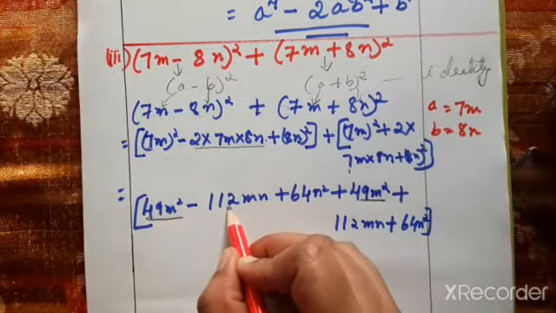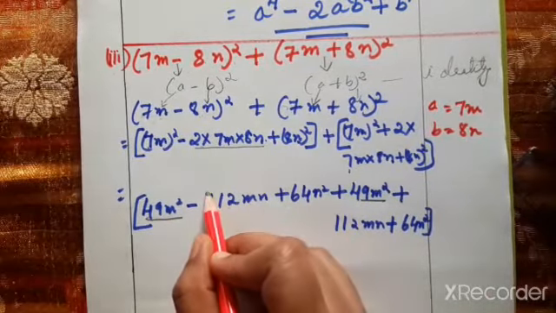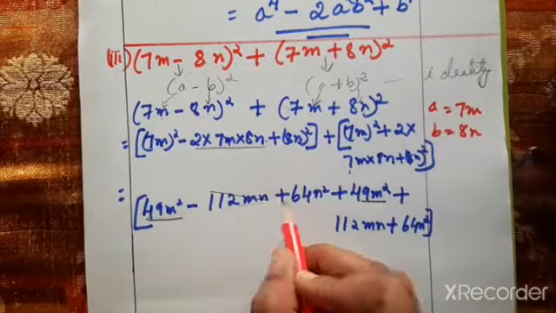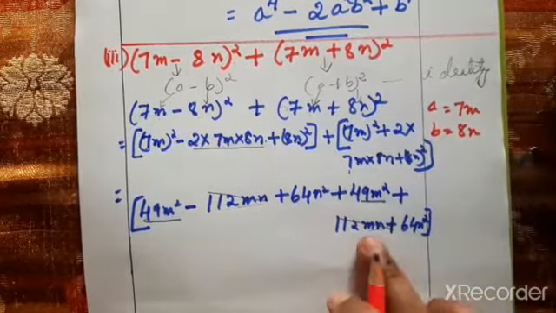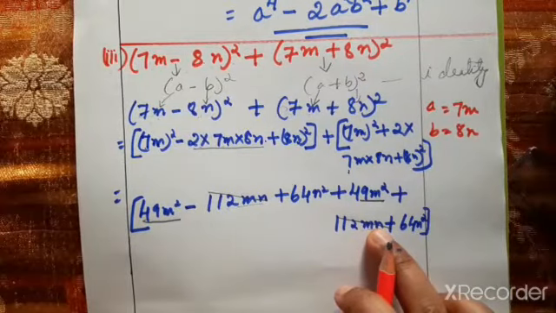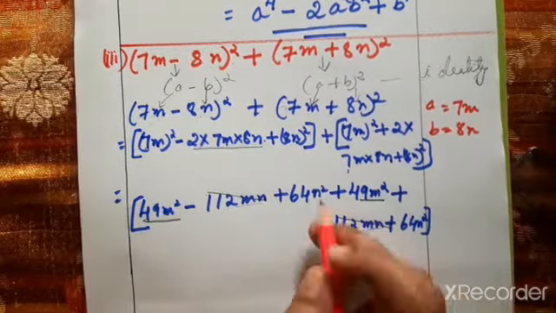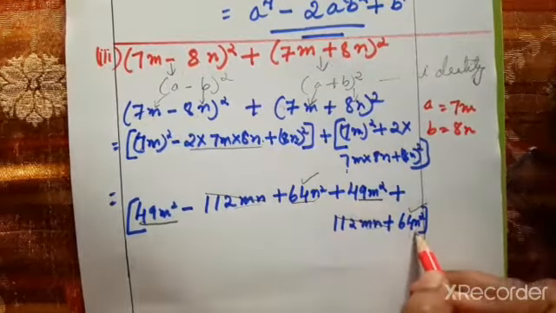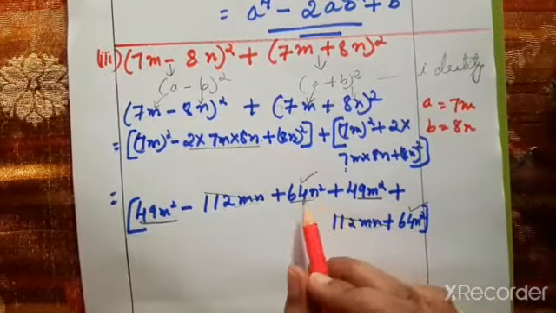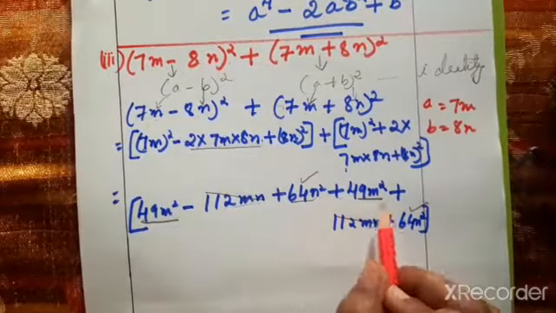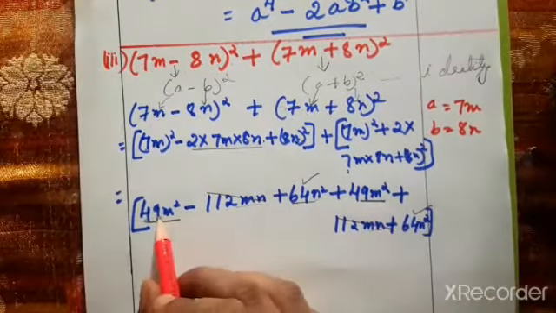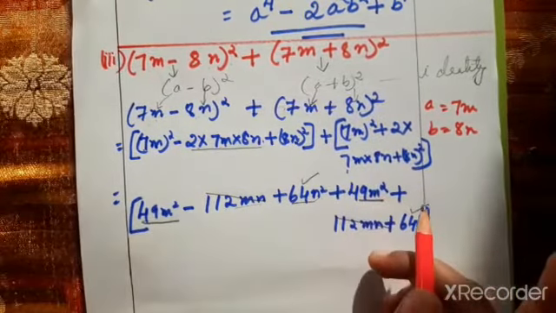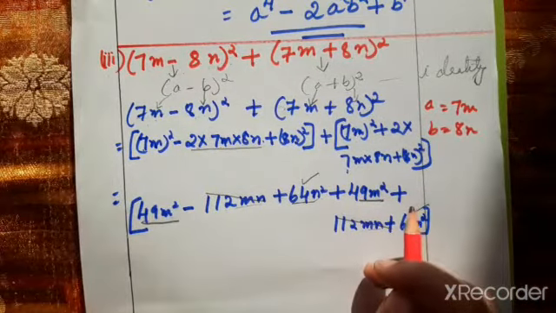Minus 112mn and plus 112mn are the same family, the mn family, so they make 0 and cancel. 64n² and 64n² are like terms too. Only like terms can be added or subtracted.